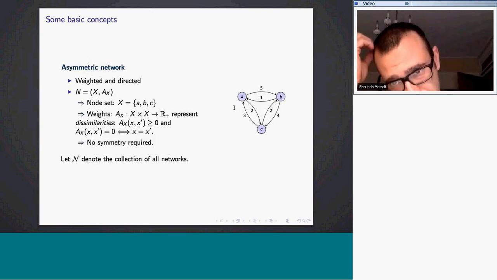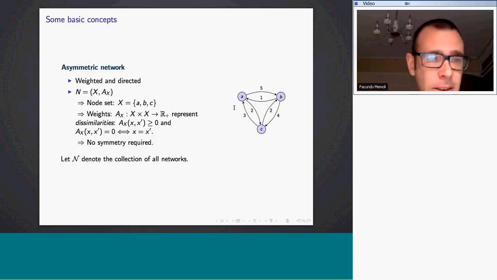So, let me explain what a network is in the context of this talk. A network N consists of two elements: a finite set of nodes X, and a function A sub X, which is a function from X cross X into the non-negative reals, which are dissimilarities.